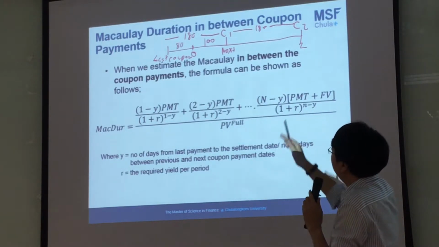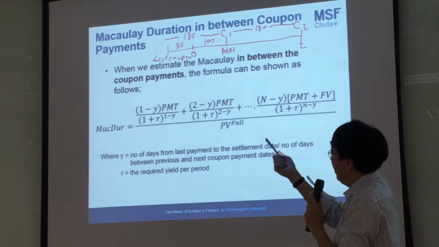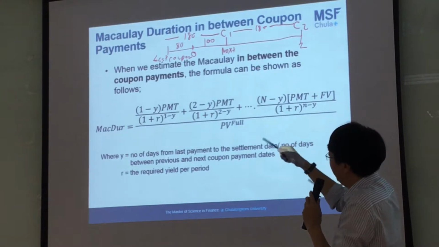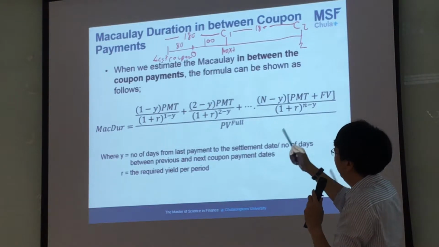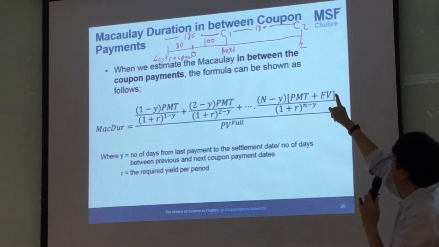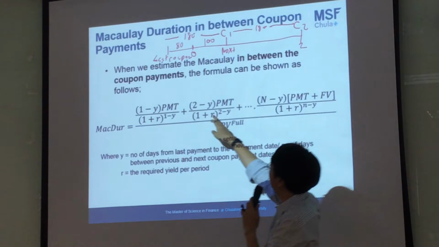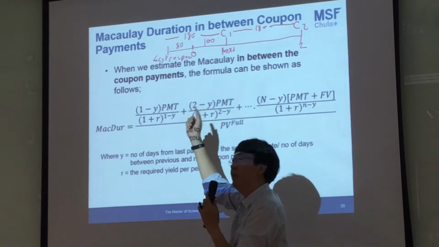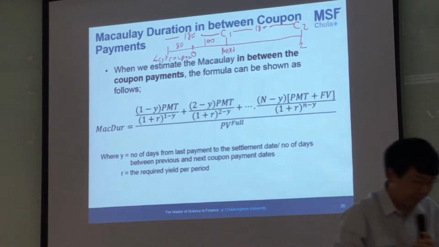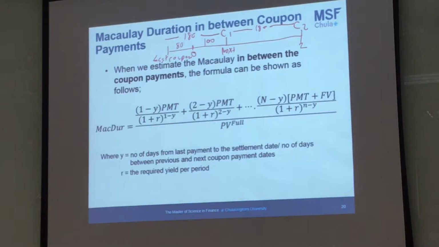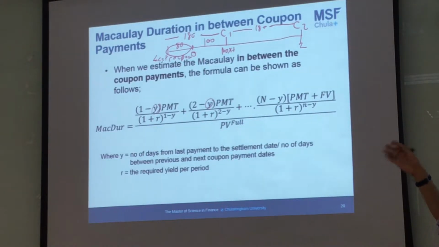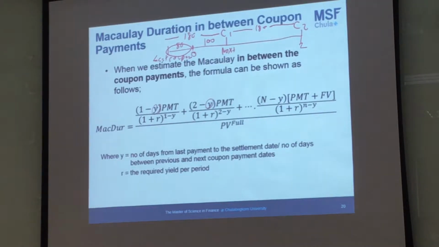Because the time at which we estimate the duration is not at the coupon payment date, the second coupon payment is not at time 2, because the first period is not equal to 1 period. That's why we need to subtract this part, we take into account this part. That's why we have 1 minus y here.